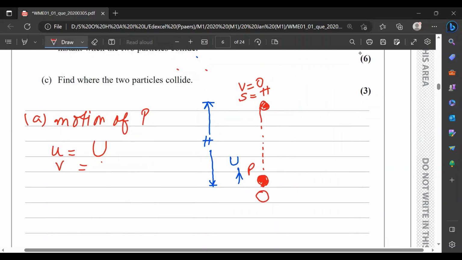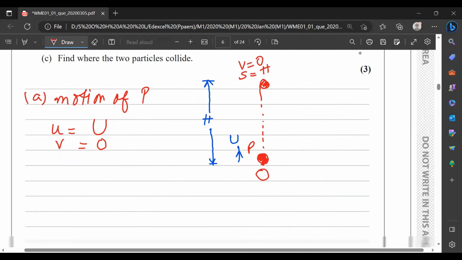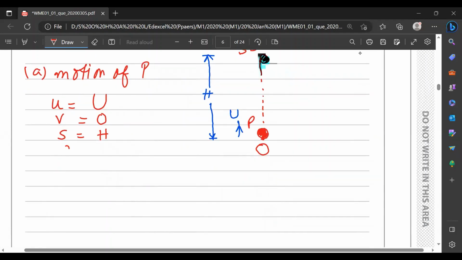Final is 0 at the highest point, and to reach the highest point, the distance traveled is h. As moving up, so acceleration is g, which is 9.8, the value of g, acceleration due to gravity. So this is minus g because moving up.